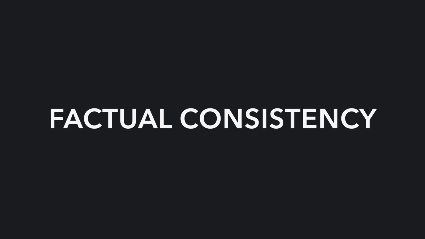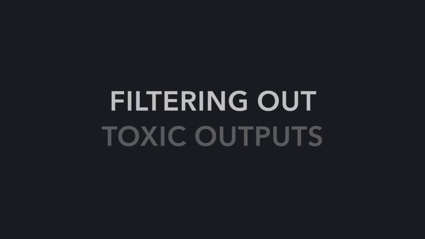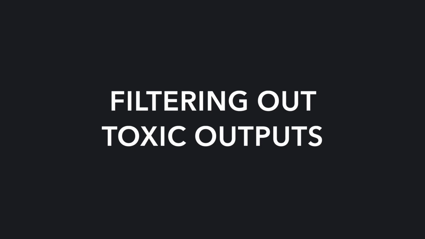So here, these output guardrails are going to be checking for things like factual consistency and something that we can call schema enforcement. Essentially, if the output is supposed to be in a specific structure, like a JSON file or a CSV format or just plain text, this output guardrail is going to make sure that the output conforms to those requirements. It's also going to try and filter out any sort of output that might be considered toxic.